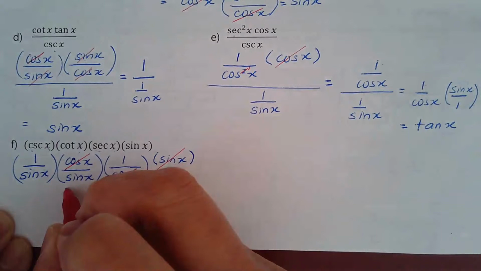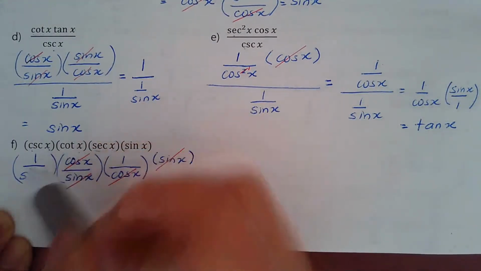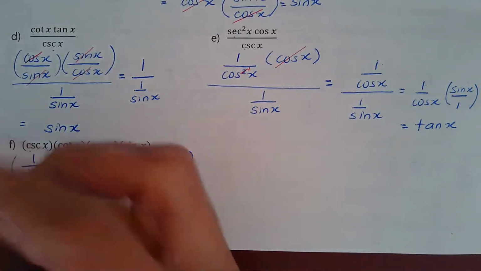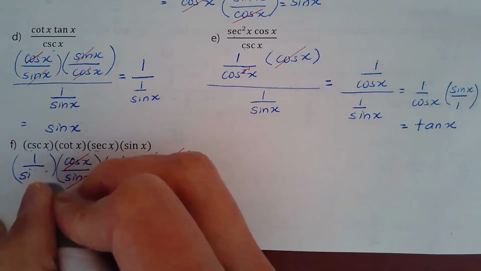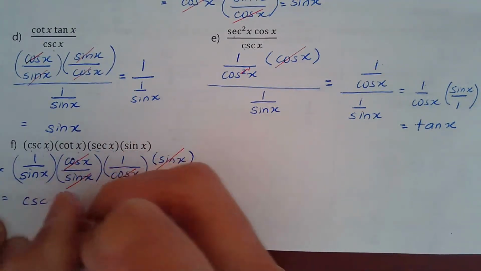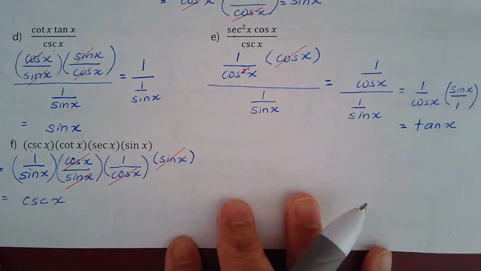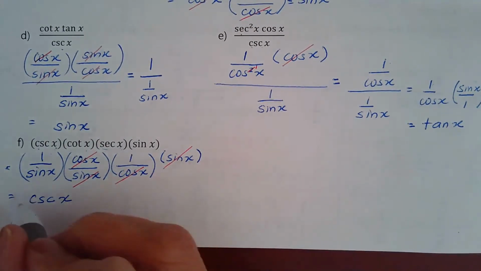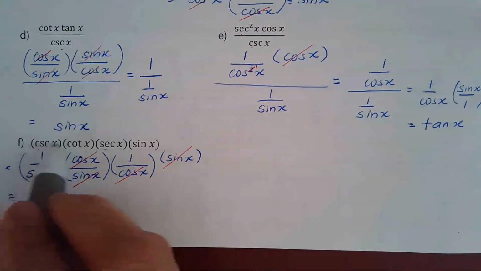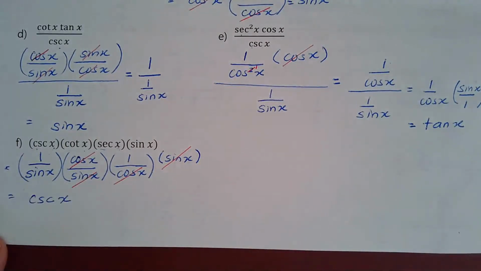So that cancels out. So if that's the case, we're left with 1 over sine of x, which is equal to cosecant of x. So after all of that, it really boils down to cosecant of x.